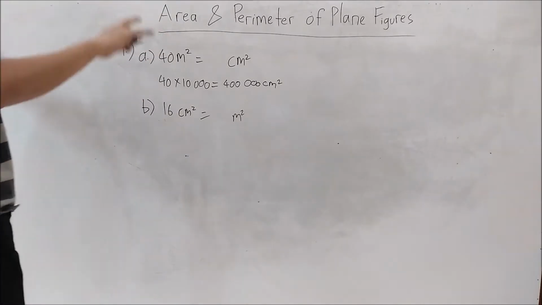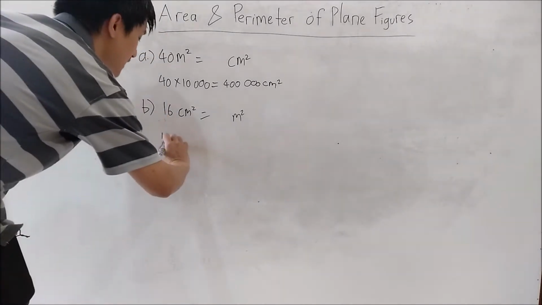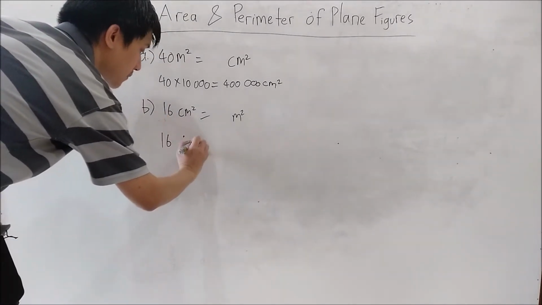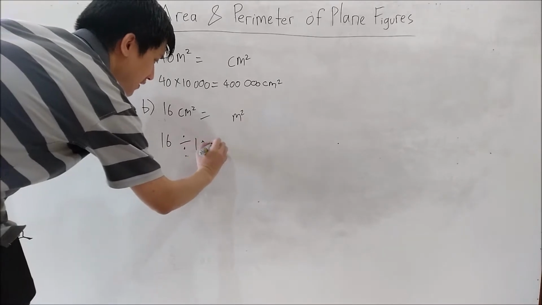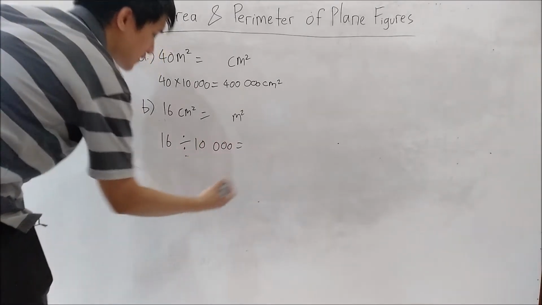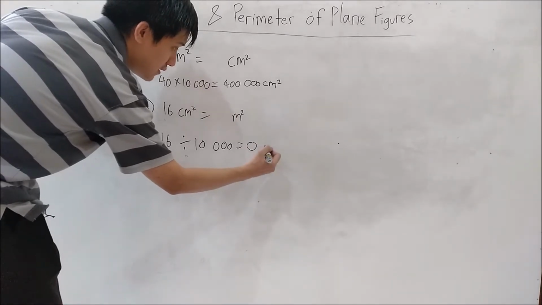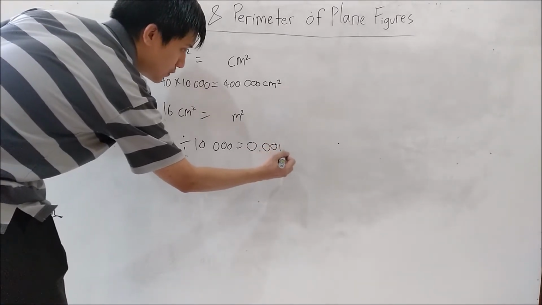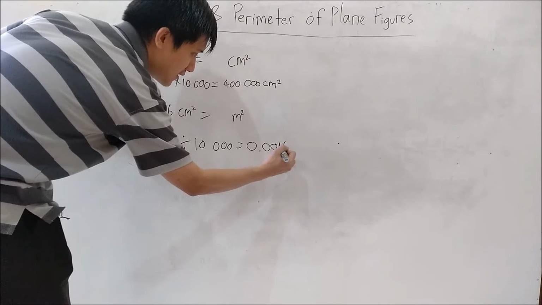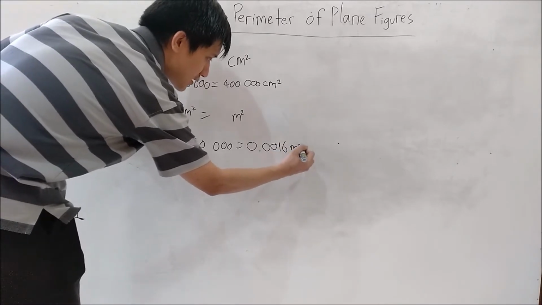One stair is 100, so this is 16 divided by 10,000. So the answer will be 0.0016 meter square.